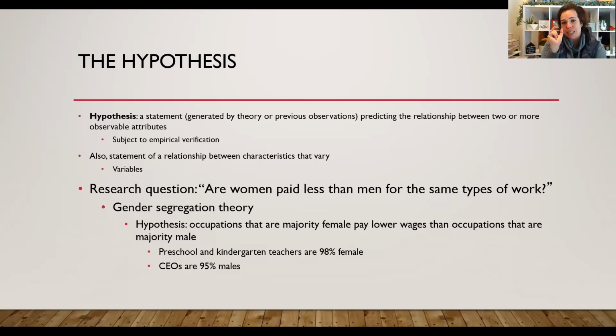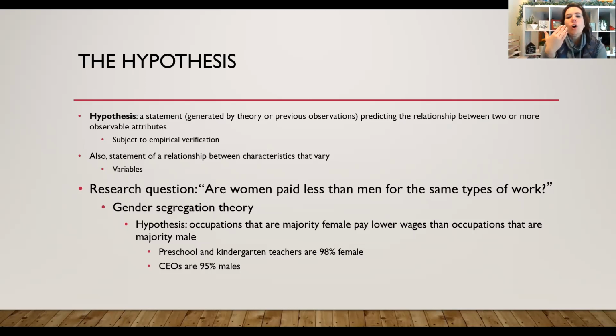And those specifically need to be able to be empirically verified. That means whatever hypothesis you put out there has been operationalized enough that you can gather data to either support your hypothesis or refute your hypothesis, meaning, no, our study actually didn't support it.